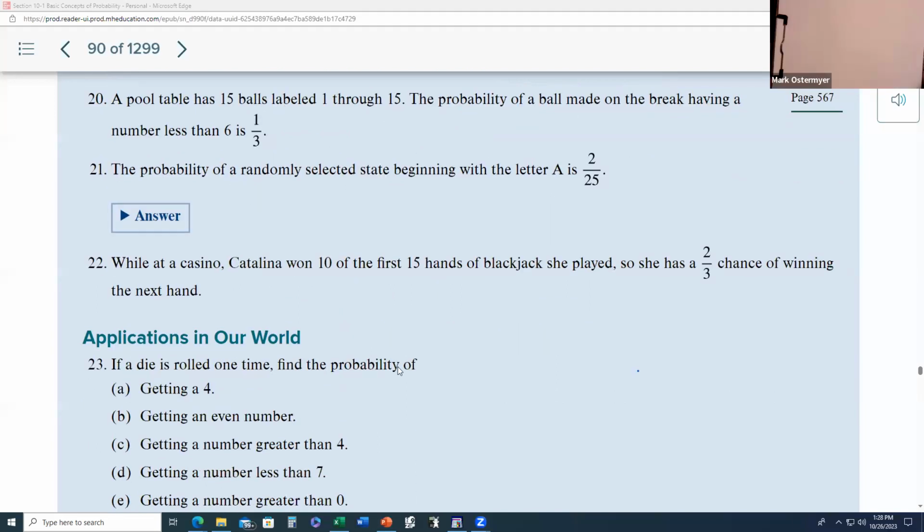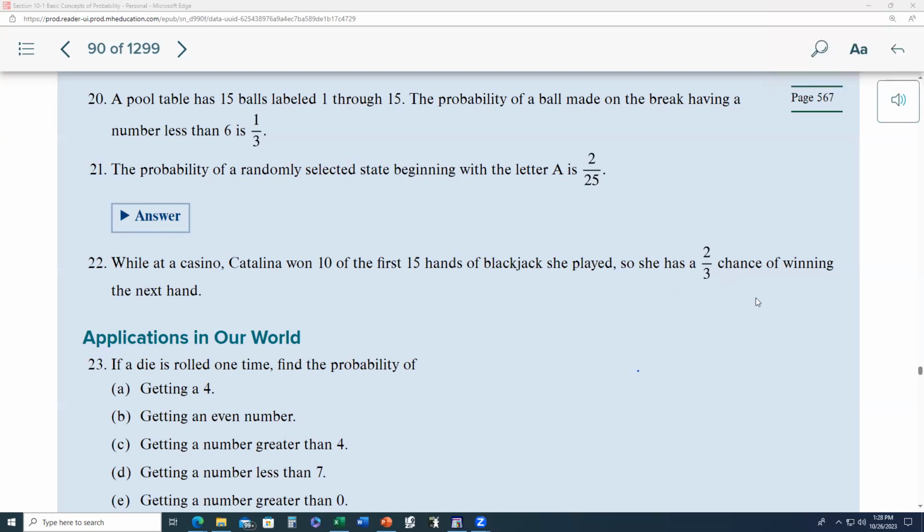Here's one, number 22. While at a casino, Catalino won 10 of the first 15 hands of blackjack she played. So she has a 2/3 chance of winning on the next hand. What would you base this probability of 2/3 on? What model? The relative frequency empirical way or the theoretical equal likelihood way? What would be your guess?